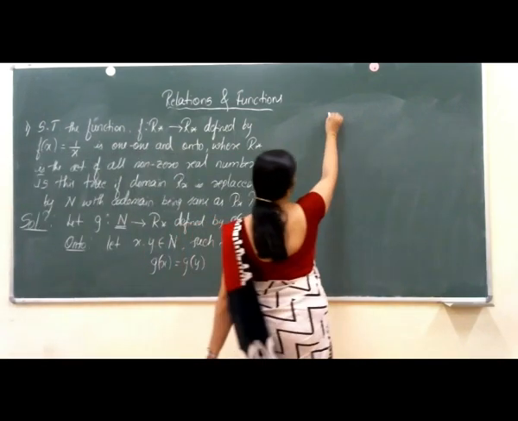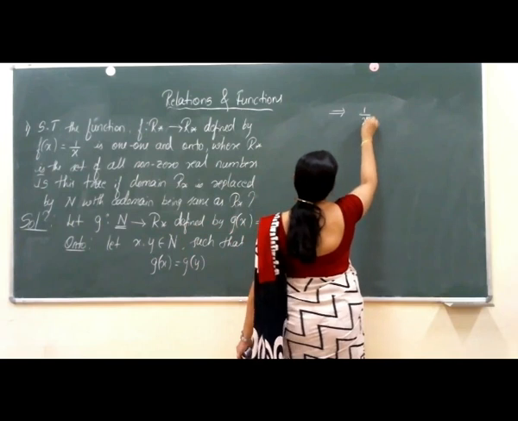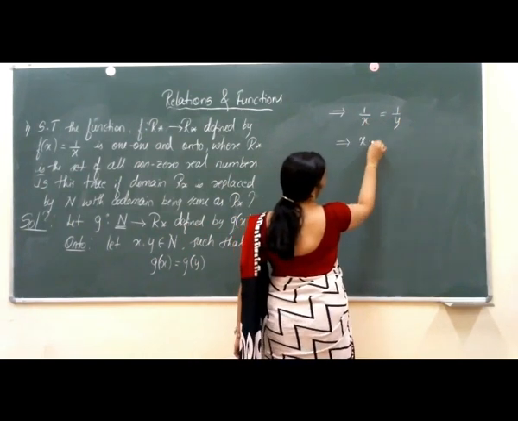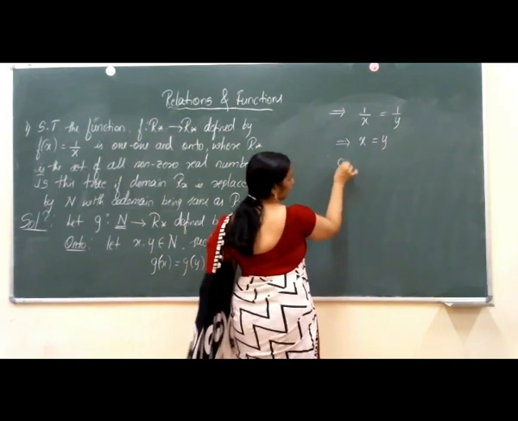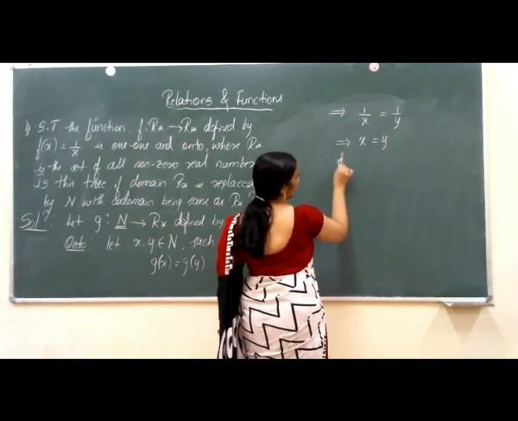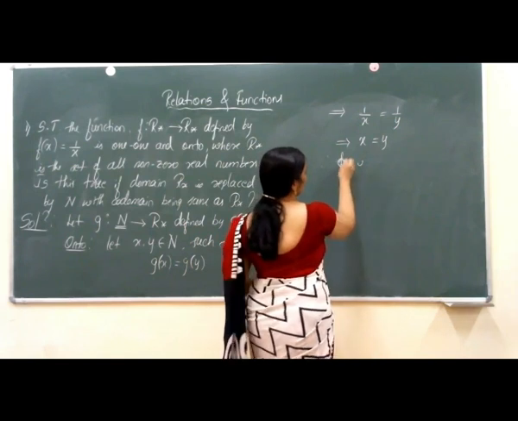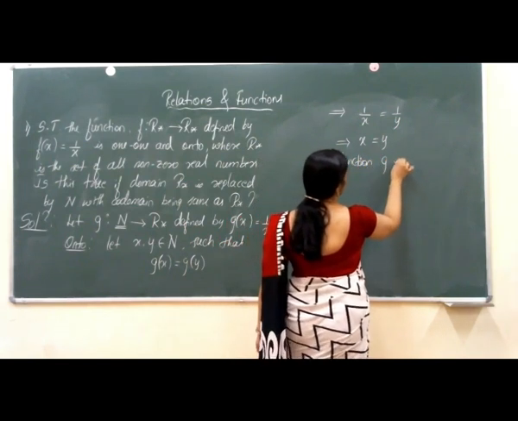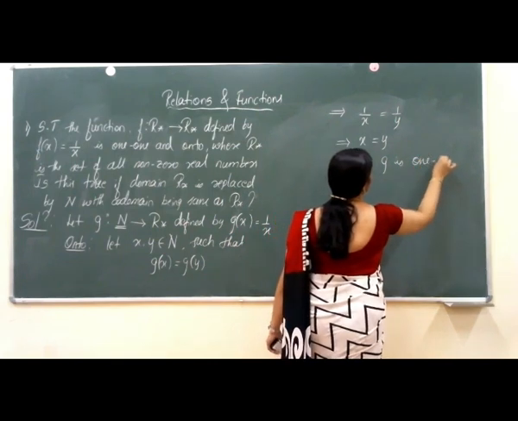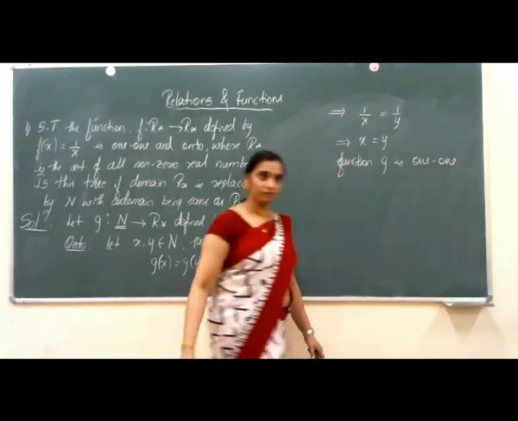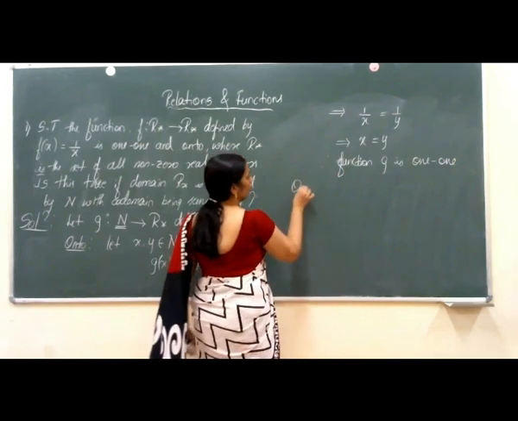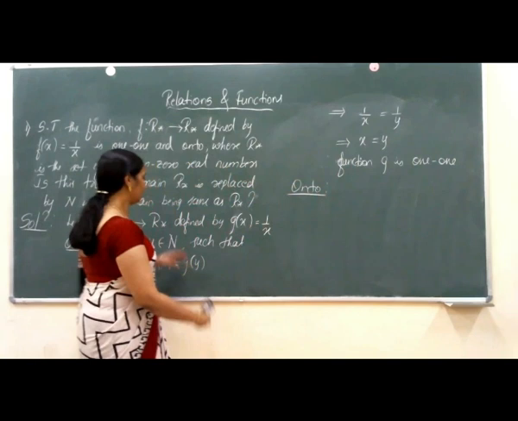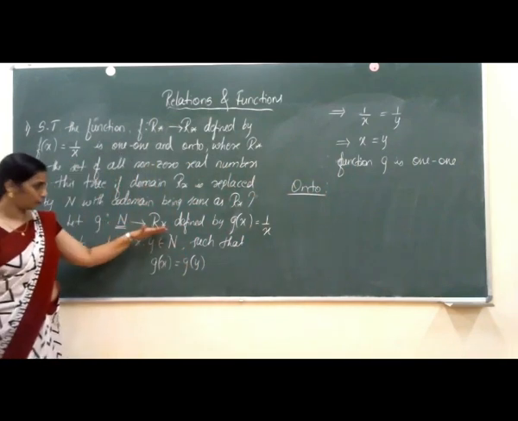That implies 1 by x is equal to 1 by y, or you may write x is equal to y. Therefore, the function g is 1-1.